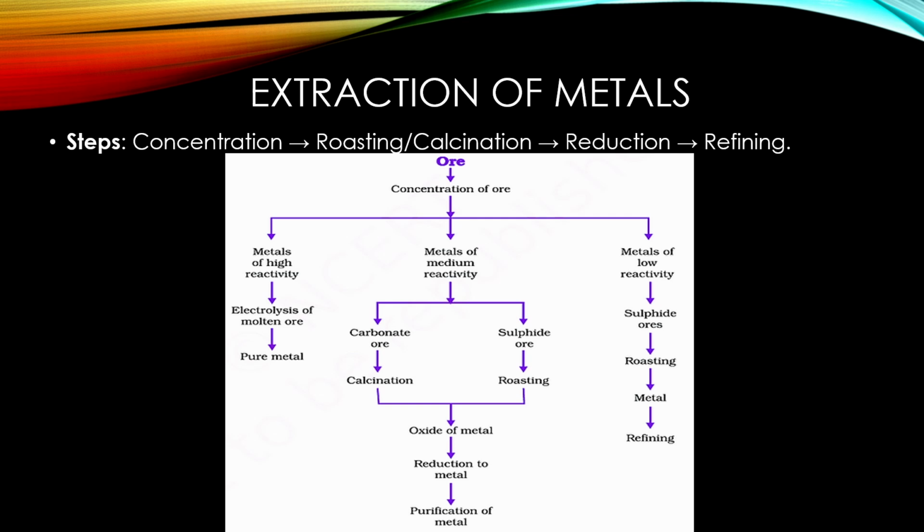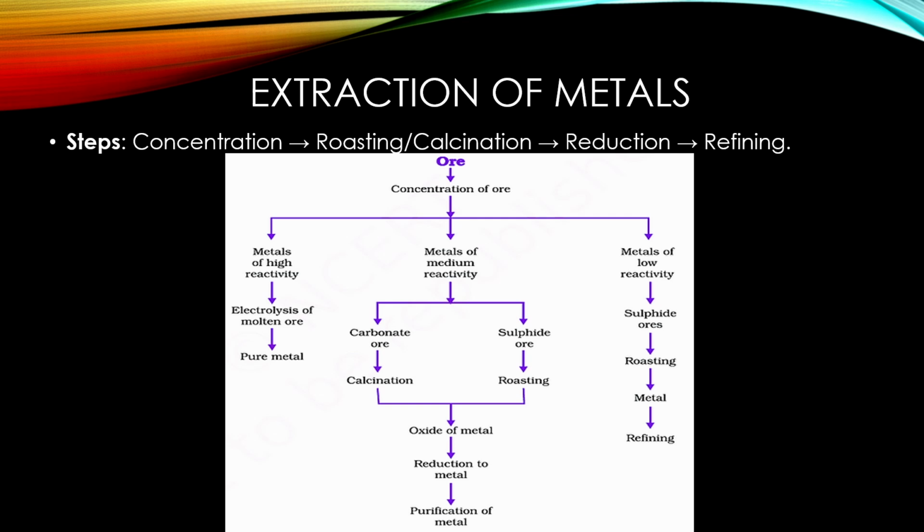This is the chart. Extraction of metals is done in three stages: high reactivity, medium reactivity, and low reactivity. Low reactivity metals occur as sulfide ores, and they are roasted. Roasted means heated at a very high temperature with oxygen, and then the metal is extracted.